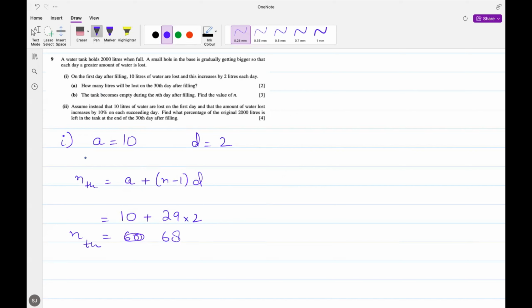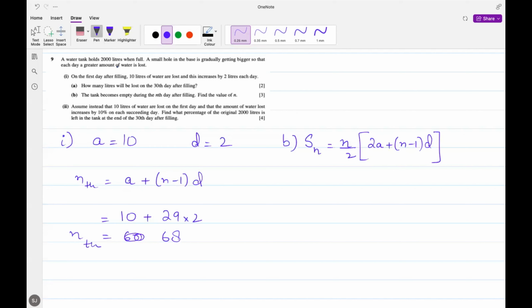In part B, it is asking us, the tank becomes empty during the nth day after filling. We have to find the value of n. Now, as the total was 2000, we want to find out at which value of n the total sum will be equal to 2000. We know that the sum of n terms for an AP is given by n upon 2 into (2a plus (n minus 1) into d).